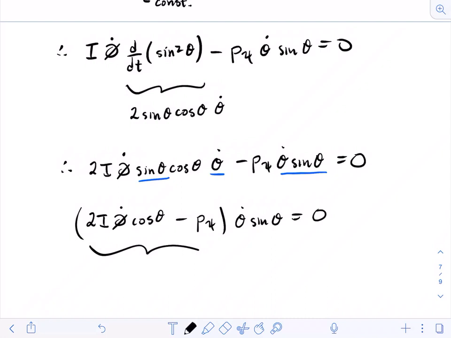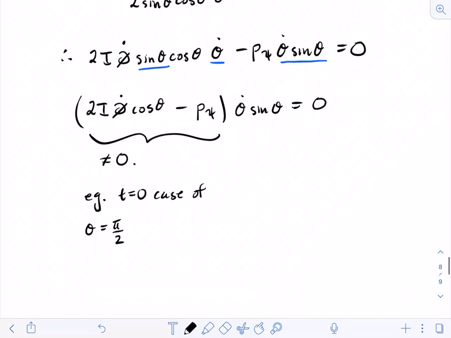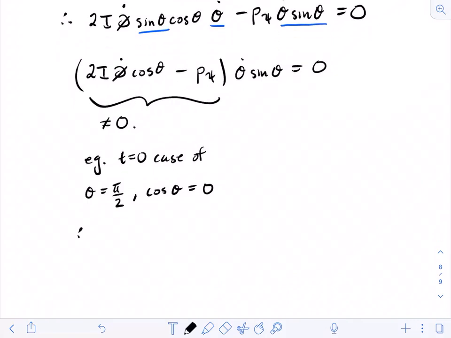Okay, so my claim is that this stuff in brackets is not 0. So for example, how could we prove that? For example, let's take the t equals 0 case of theta is pi by 2. Then that means the cos theta is equal to 0, and therefore the brackets become just the minus p psi.